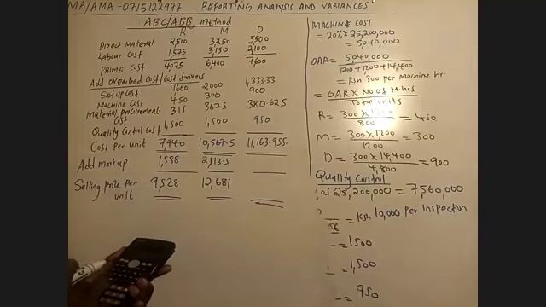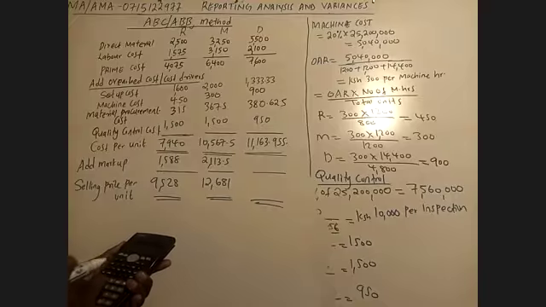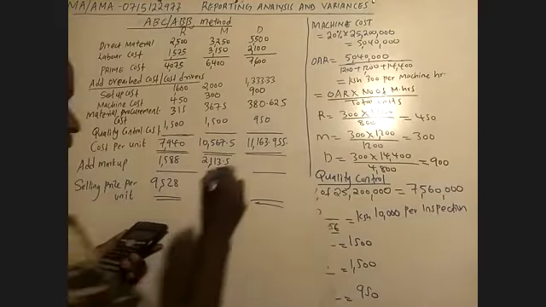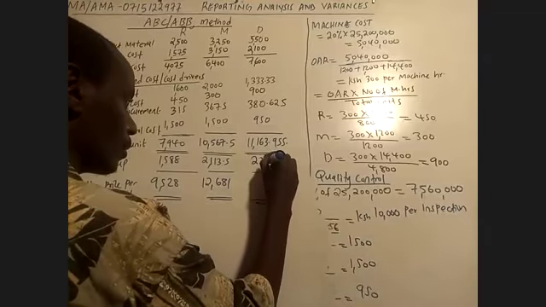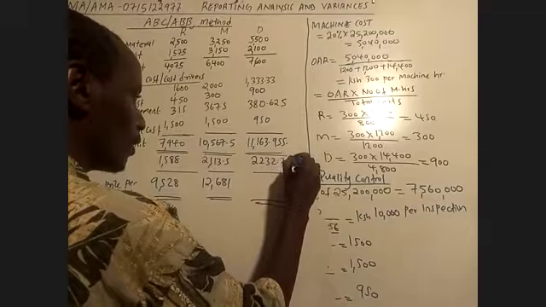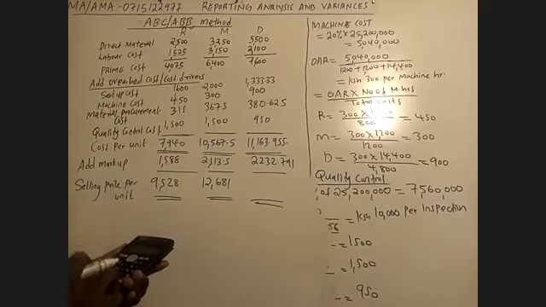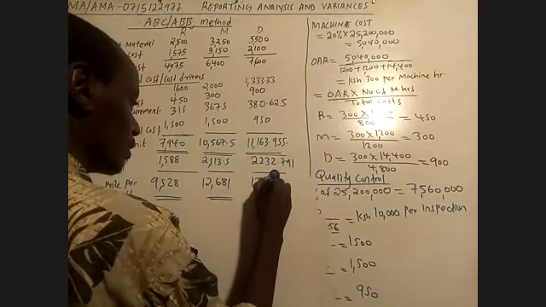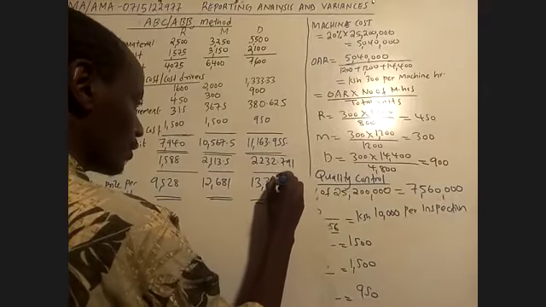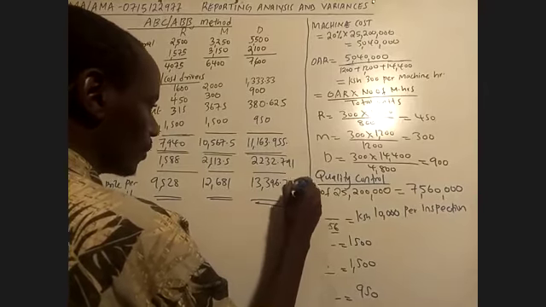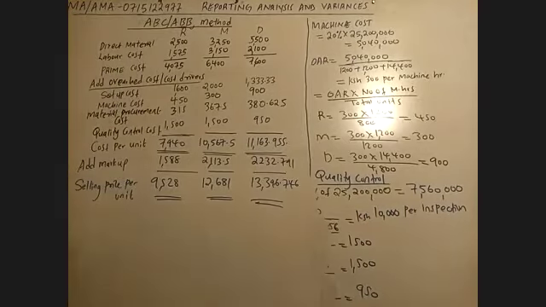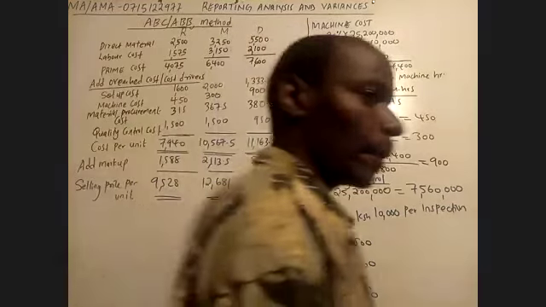Then 11,163.955 times 20% is 2,232.791, so the selling price will be 13,396.746. So the answers will be different because this method is considered more accurate than the other method.